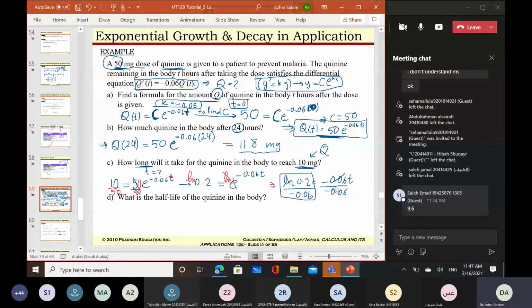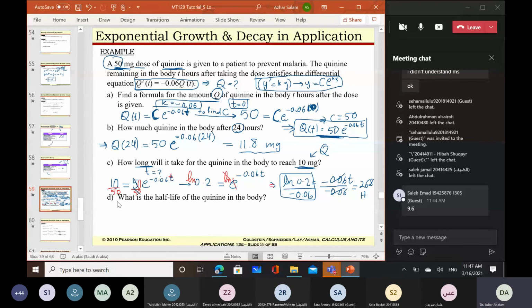This is the result, which is approximately 26.8 hours. After about 26.8 hours, 10 milligrams of quinine will remain in the body. Clear?